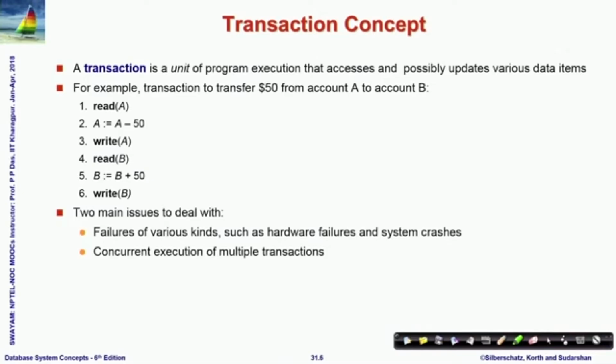A second issue is that we need multiple transactions to execute concurrently. What it means is that suppose I am working on net banking, updating my account, making transfers to another party whom I need to pay. At the same time, several other people are also doing operations on their respective accounts. Lots of other operations might happen from the database itself.